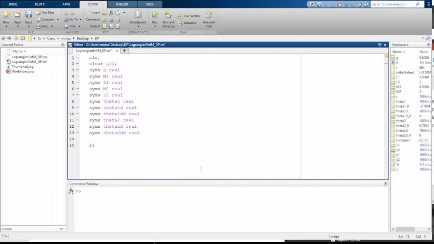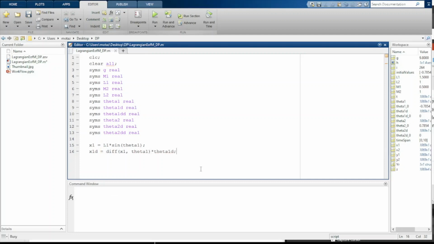To get kinetic energy, we need the velocity. To get velocity, we need to know how fast x and y are changing for each pendulum. We know that x1 is L1 times the sine of theta 1. That's just basic trig. The derivative of x1, which is x1 dot, will be differentiating x1 with respect to theta 1, and now we need to multiply that by the inside, which is the chain rule.